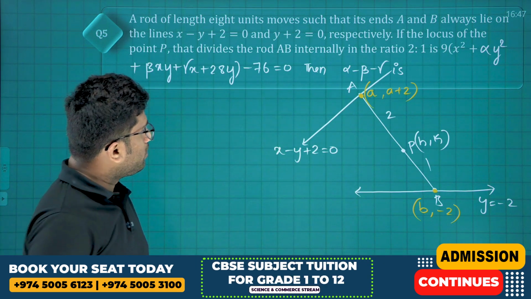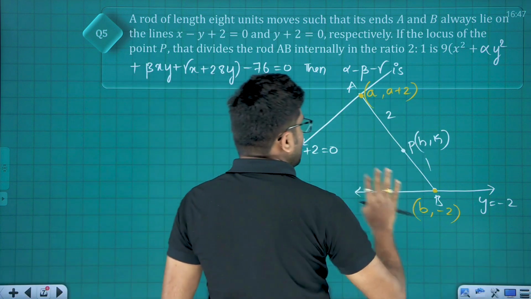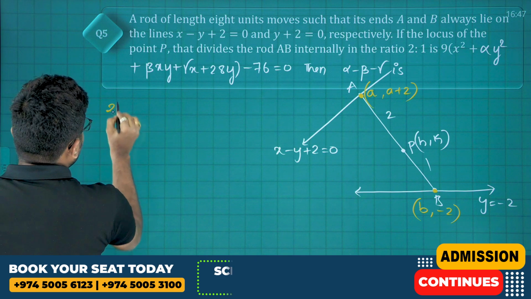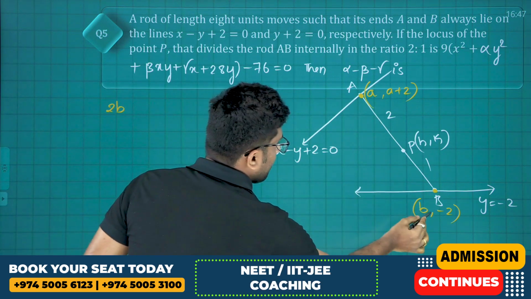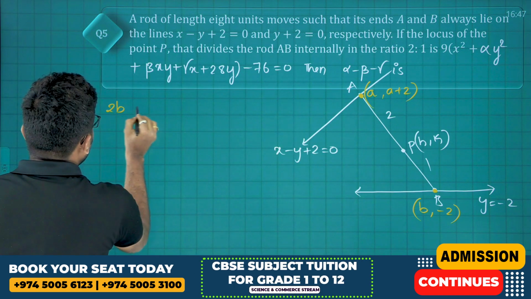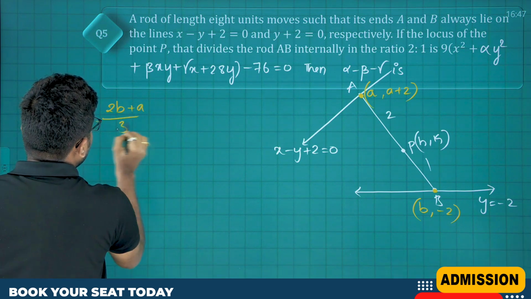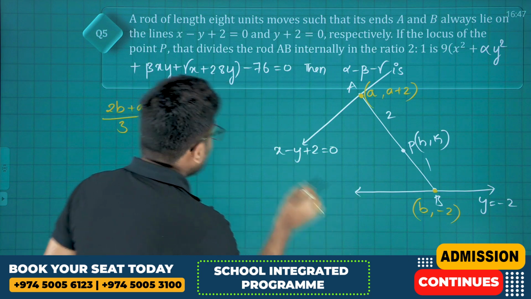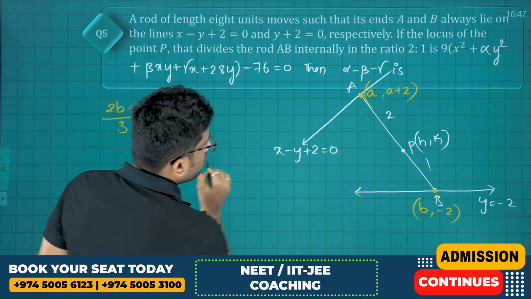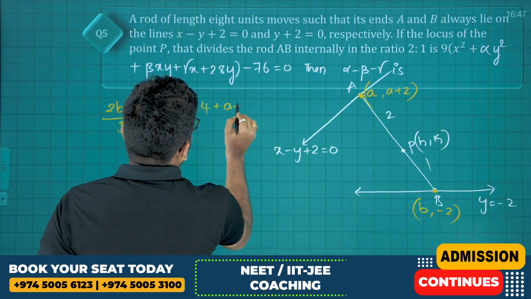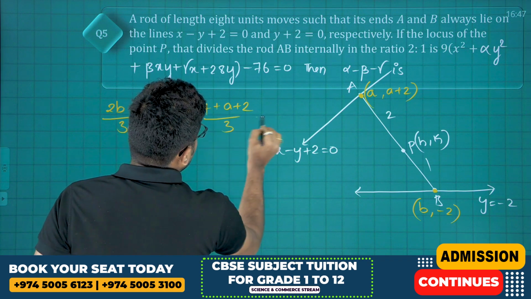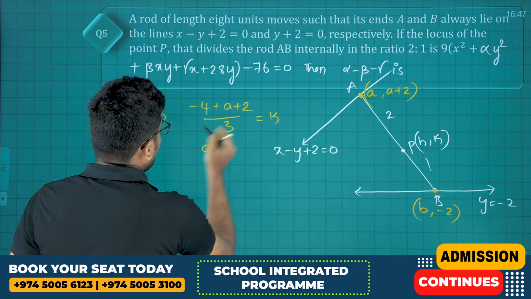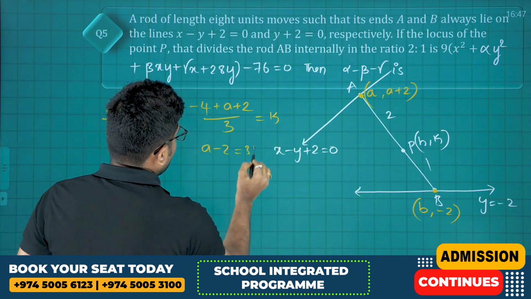Now, as P divides, we have 2B plus A divided by 3 is equals to h. Next, 2 into minus 2, minus 4 plus A plus 2, divided by 3 is equals to k. So A minus 2 is equals to 3k.